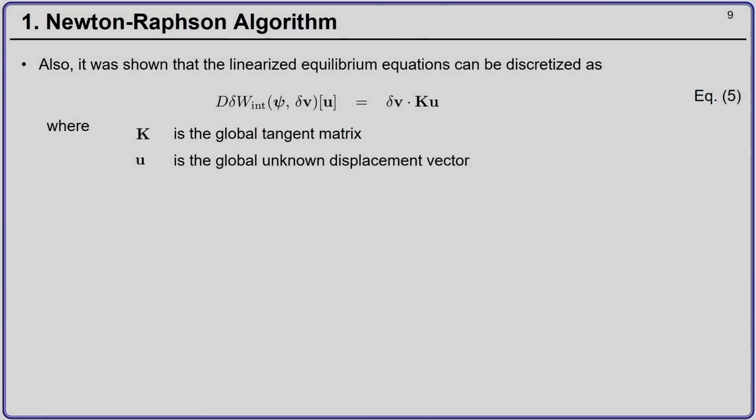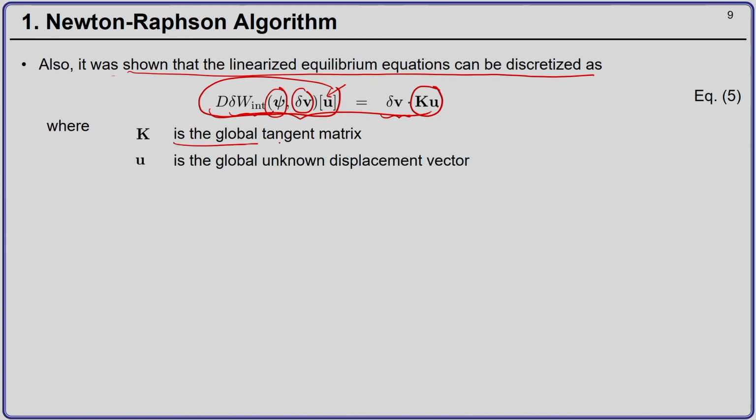Now, we had also shown that the linearized equilibrium equation can be discretized as follows. So, the discretized form of the linearized internal virtual work expression as a function of deformation mapping and virtual velocities in a general direction u is nothing but the virtual velocity dotted with the tangent matrix times the global unknown vector, which in our case is the displacement vector.